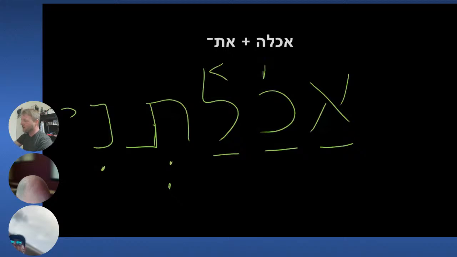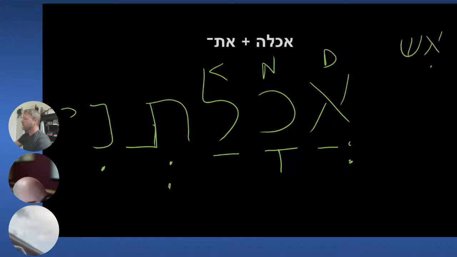Now we have a near syllable and a distant syllable. The near lengthens, the distant reduces to hataf, and we get achalatni, she ate me. So we could say a fire. A fire is feminine. Esh achalatni. If you don't understand the historical forms, there is no way you could ever understand what's happening here.